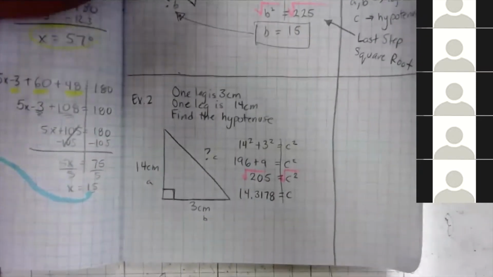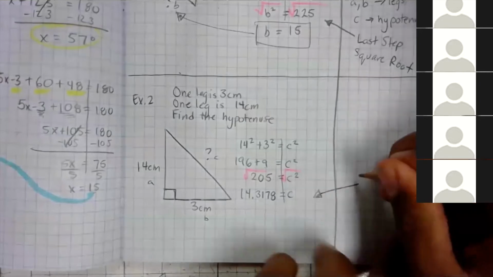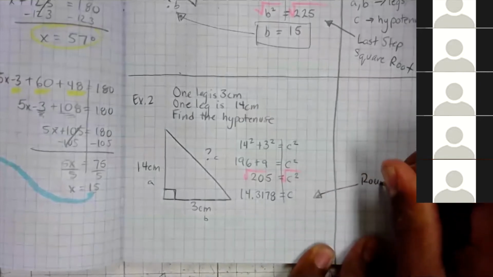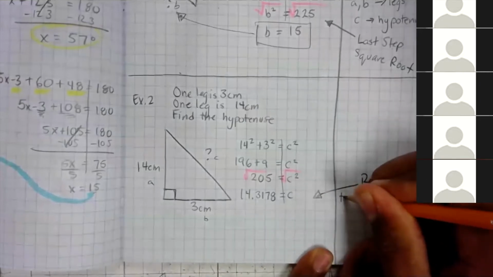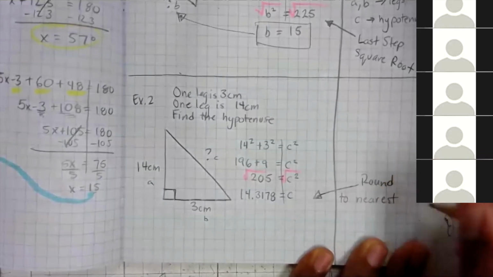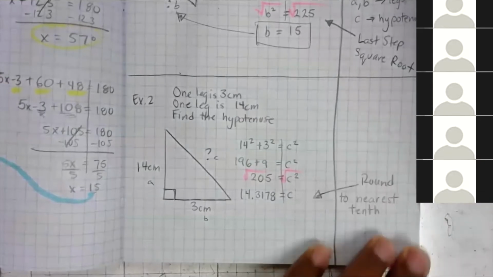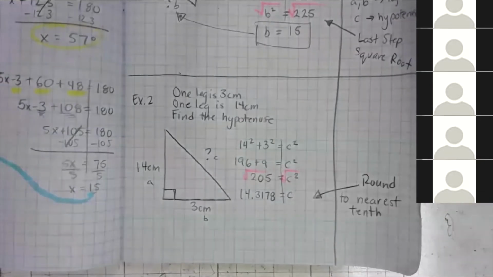Okay, now we need to round it. So round to the nearest tenth, because that's what Delta Math requires us to do. It's going to require us to round sometimes.